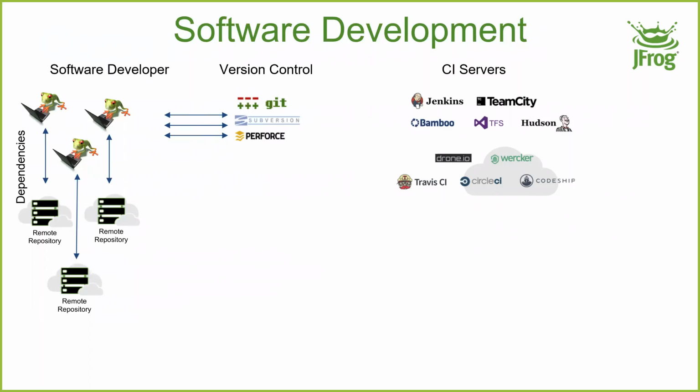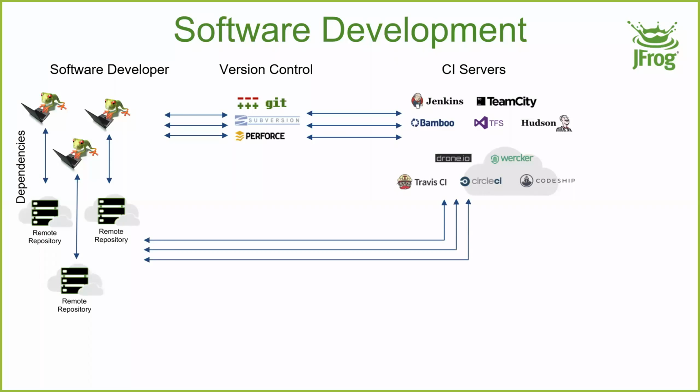So you can see that you will actually have duplicates. In the same way, your CI server will fetch the code and also the dependencies. By the way, I didn't have time to mention that you have CI servers on-prem like Jenkins, TeamCity, and Bamboo, and also cloud CI servers like Travis CI or CircleCI. So here you can see that we are fetching a lot of binaries from these far-end servers, and they will be stored locally on the CI server and on the developer workstations.